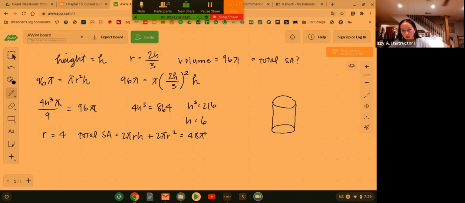Then we plug in values again. We know that the radius is 4, so that's 4 squared, 16. And 16 times 2 is 32, so that would be 32 pi. You add together those two values to get 80 pi. So that is your answer.